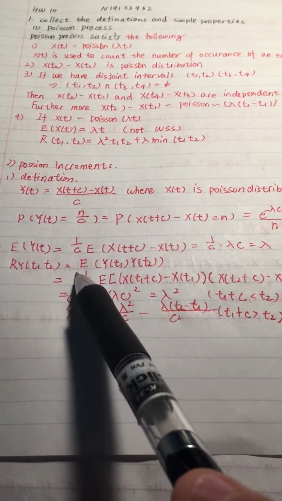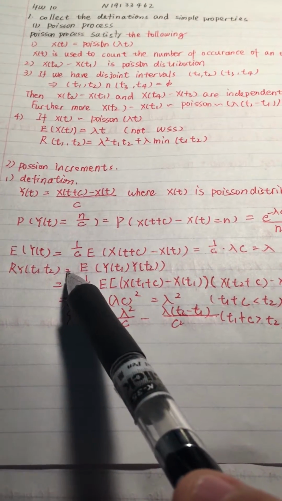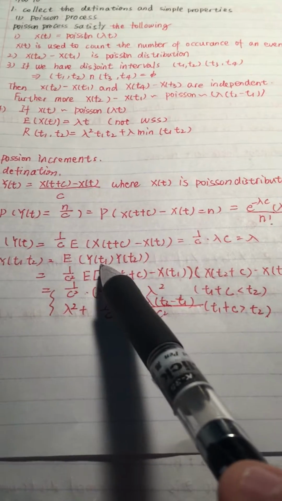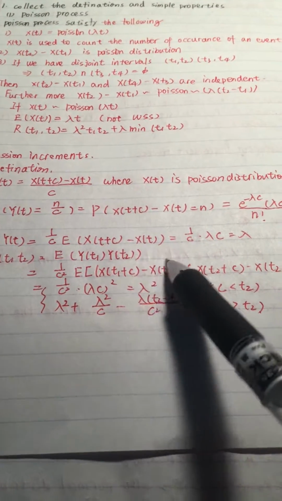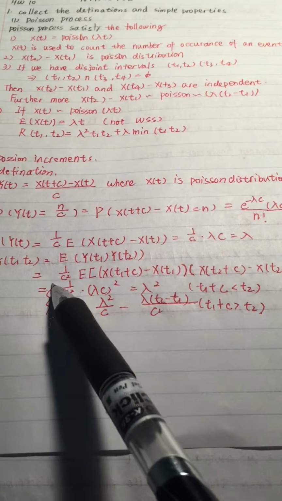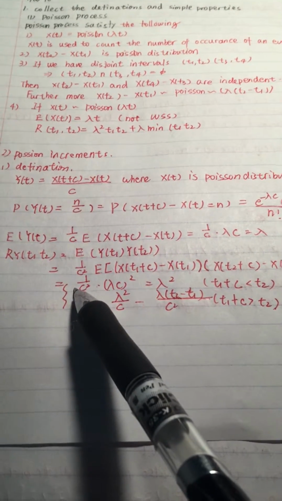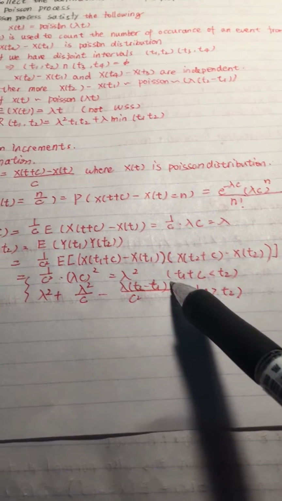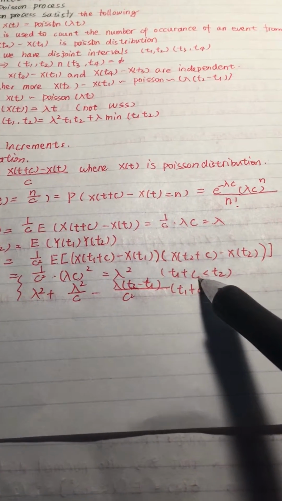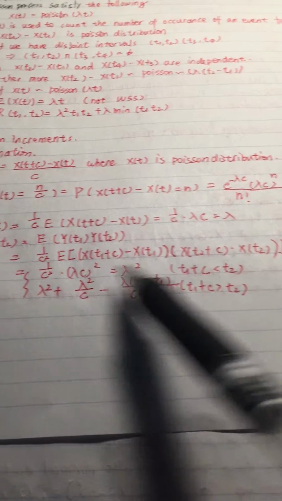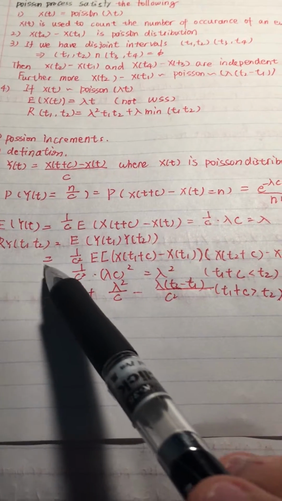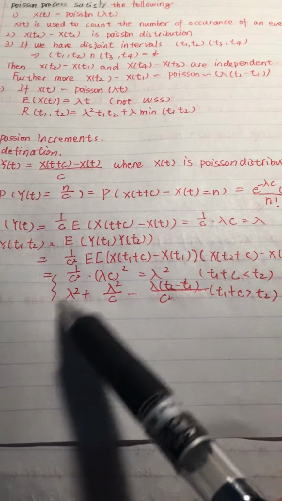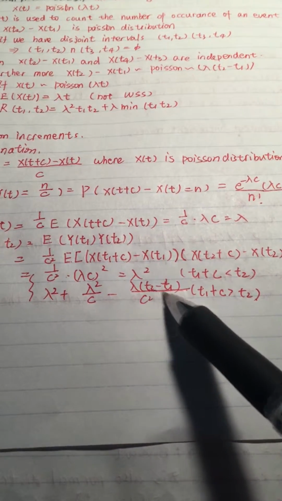R_Y(t1, t2) is, from the definition, equal to E[Y(t1)Y(t2)]. We can divide the situation into two parts. The first part is that if t1 plus c is less than t2, then R_Y(t1, t2) is equal to λ².